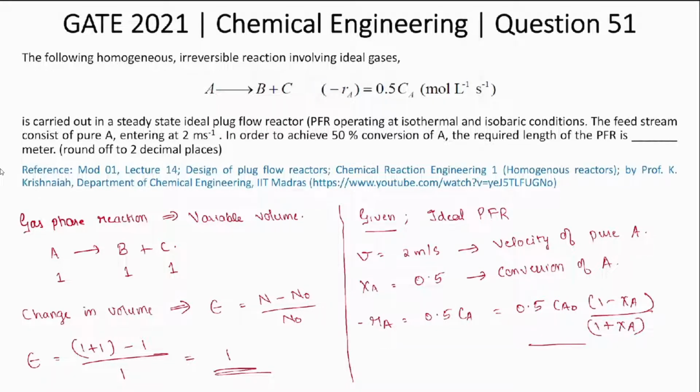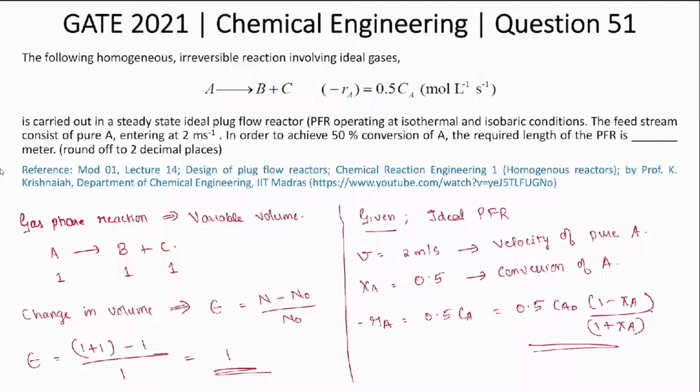Okay, so here, in the constant density or constant volume system, CA was nothing but CA0 into 1 minus XA. Here, since the volume is changing, or it is a variable volume system, CA will be equal to CA0 into 1 minus XA by 1 plus epsilon A XA.